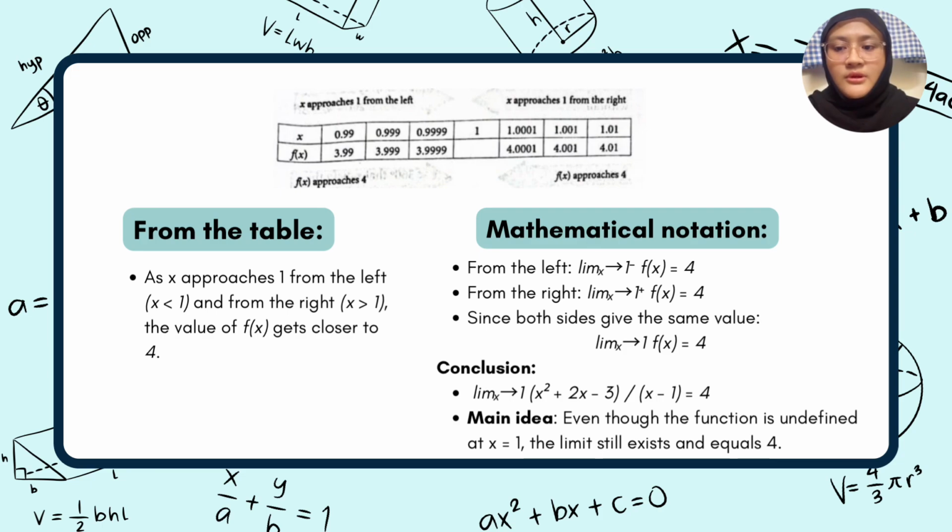Using mathematical notation, both the left hand limit and the right hand limit yield the same value, which is 4. Therefore, although the function is undefined at x equal 1, the limit exists and is equal to 4.